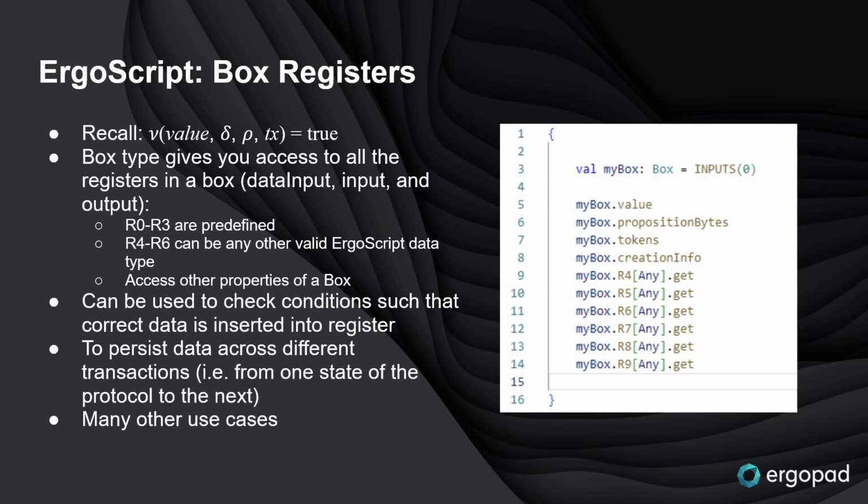And just like I mentioned in the UTXO model review, the anatomy of a box section, we can access the different registers in the box. R4 to R9 are the ones with the custom data that are a subset of the Any type in Ergoscript. And then the first 4 are the predefined ones: the value, the proposition bytes, which is the contract in byte form, the tokens, so whatever assets are in the box, and the creation info.